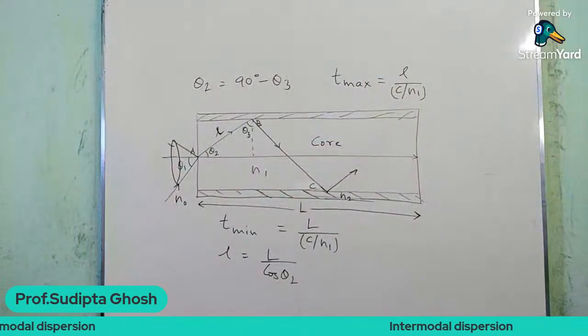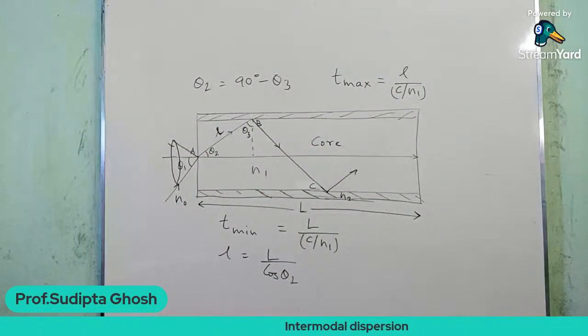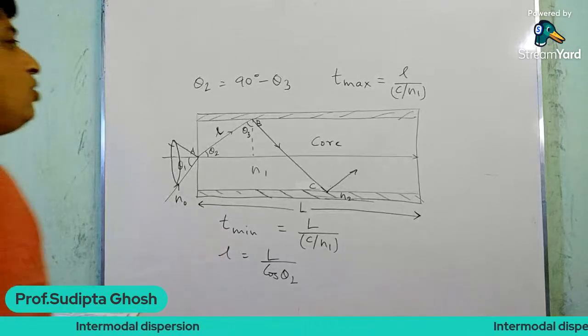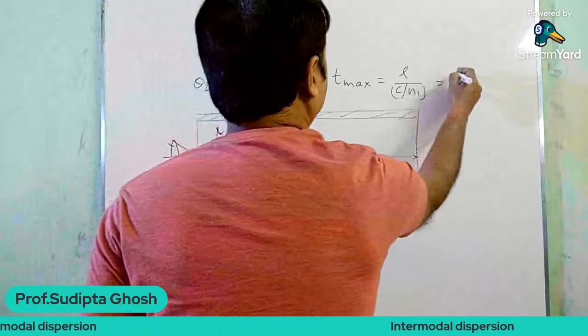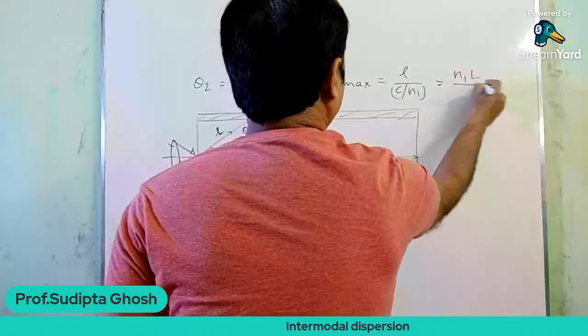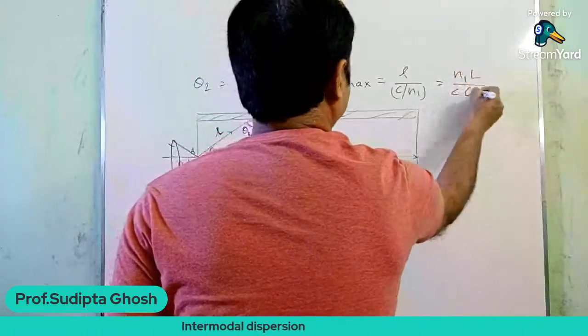Putting the value of small l, capital L by cos theta 2, we get n1 L by c cos theta 2.